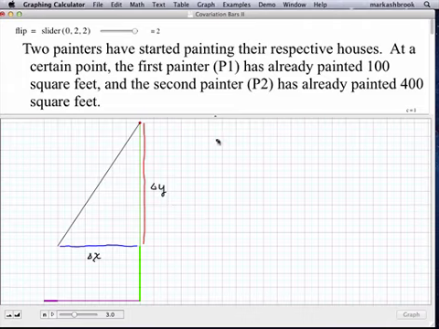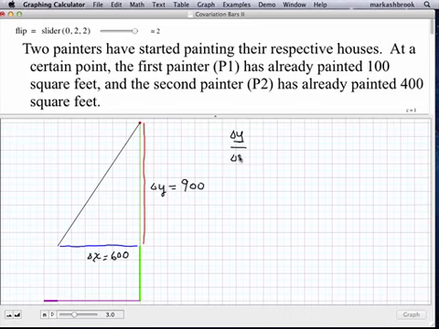Okay? And we know that, what is delta y over delta x? Actually, what is delta y and delta x in this case? 1, 2, 3, 4, 5. 6? What's delta y? 1, 2, 3. How much? 900.